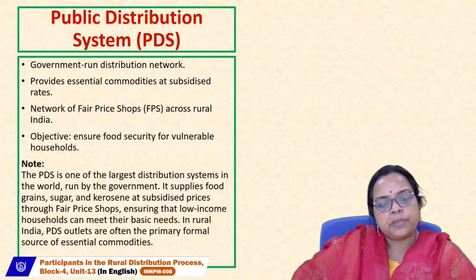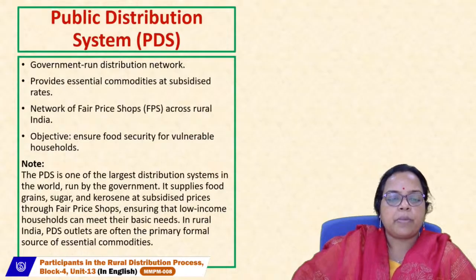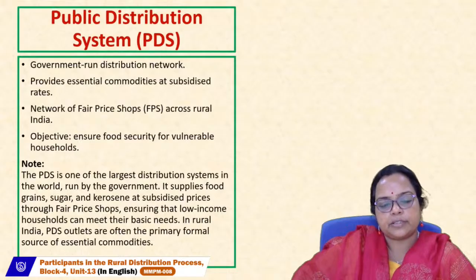The major objective of PDS is to ensure food security for vulnerable households. The government has the objective to ensure food security for everyone, so they are operating with the same objective across the villages to make food available to the villages.